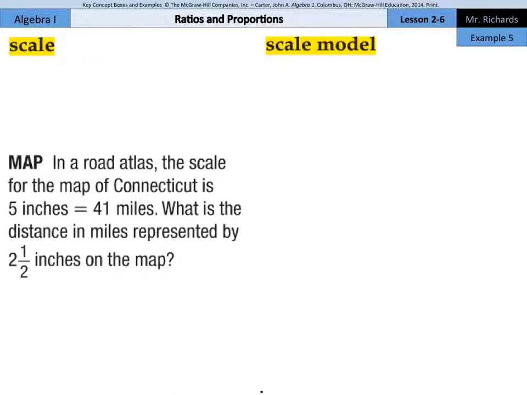Also in our lesson on ratios and proportions are our definitions of scale and scale model.